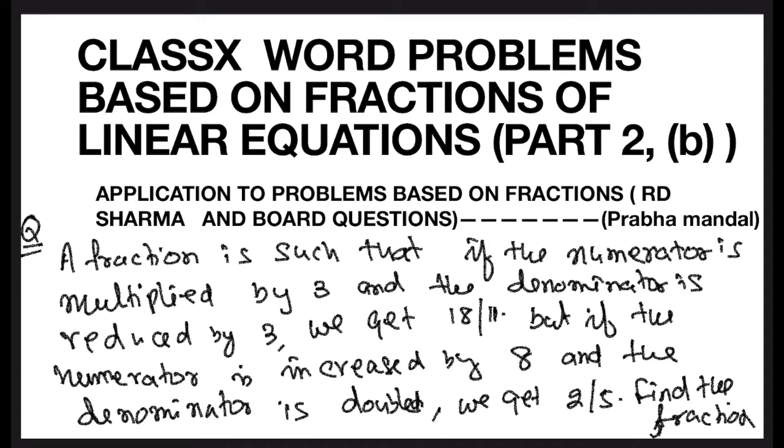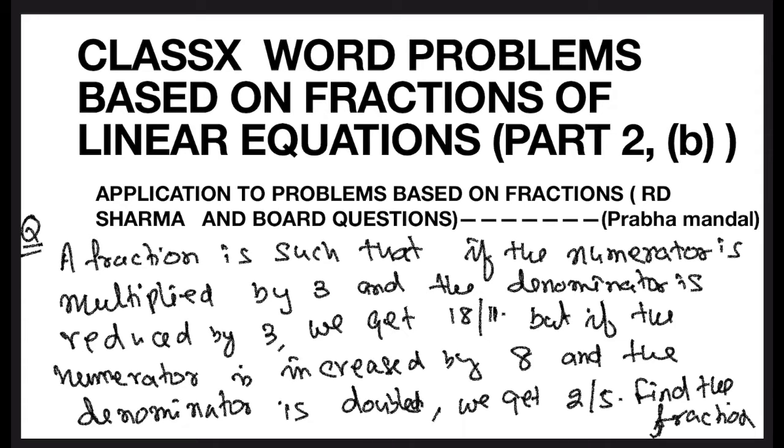After solving, the result will be 18 upon 11. This is the first information, so we have to convert it into equation form. Then the second condition says, if the numerator is increased by 8, that means you have to add 8.